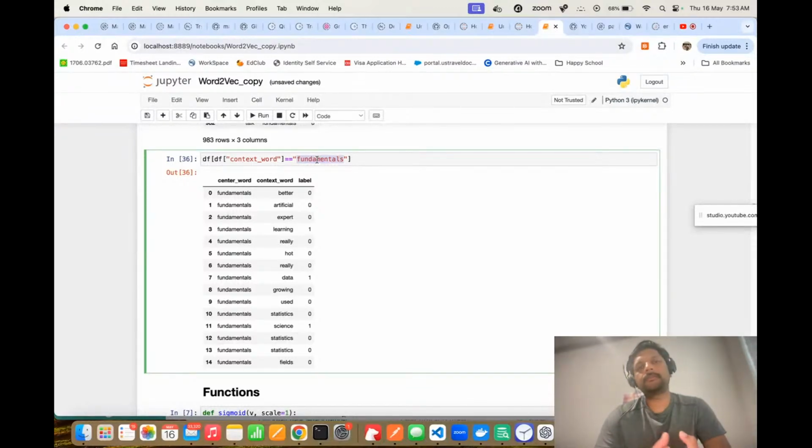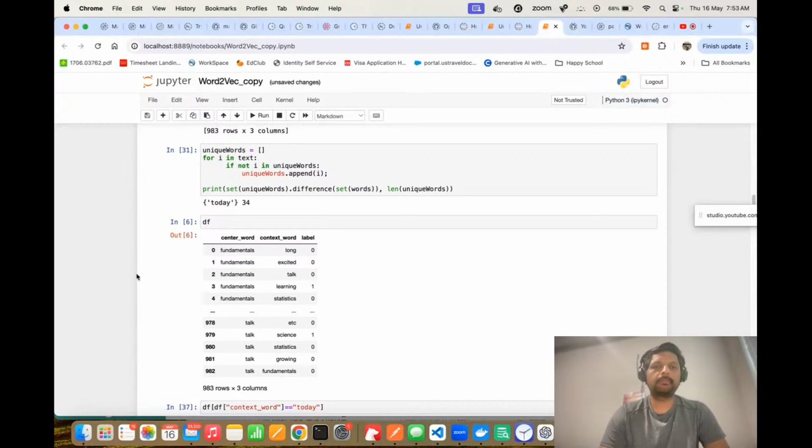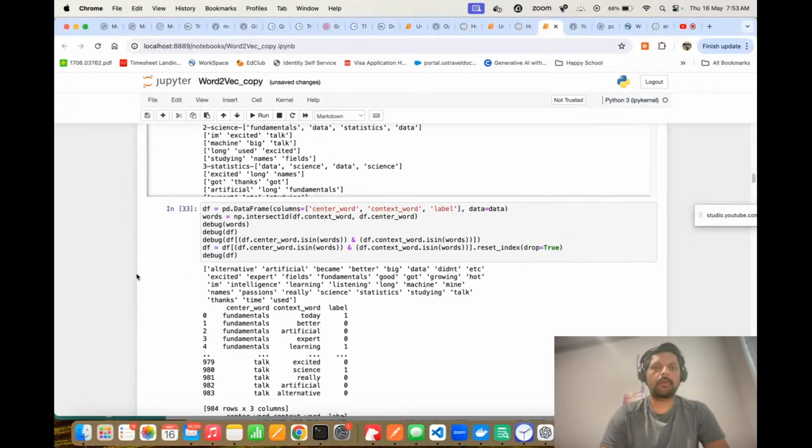Context word is what, today? Totally removed. That's interesting. Why is today removed?